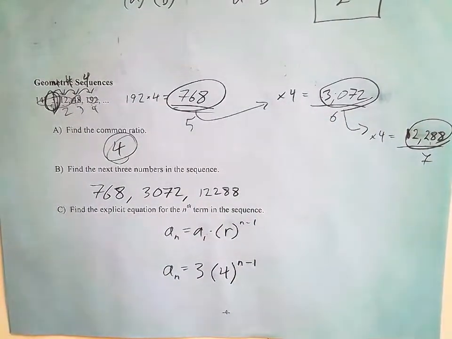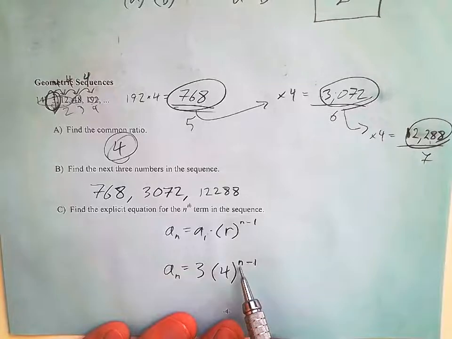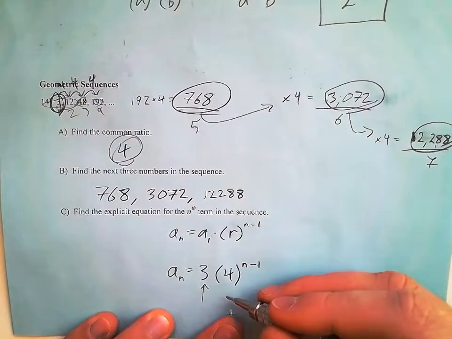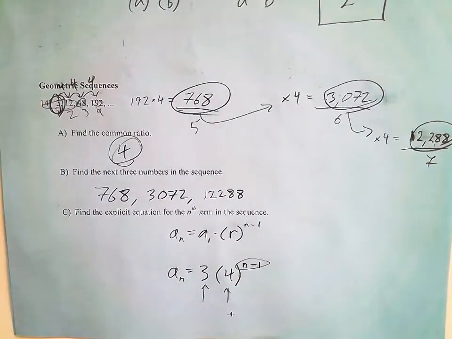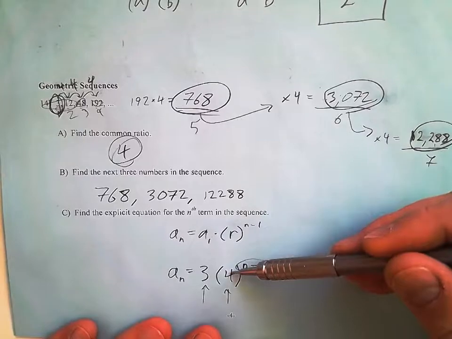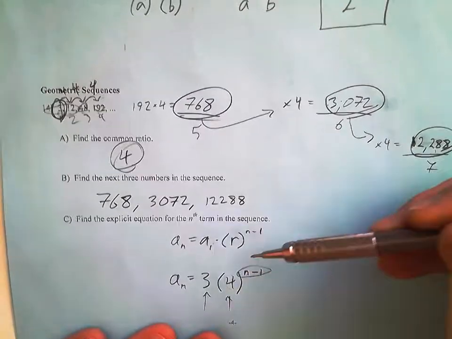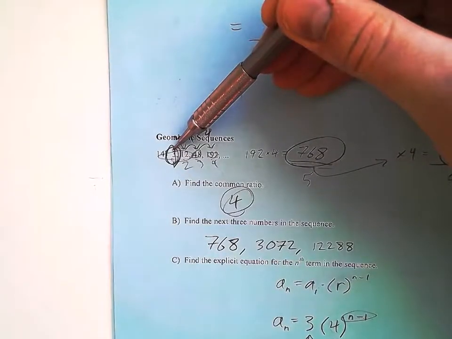The only confusing part is you have to write n minus 1, not just n. So starting number, ratio, and it's n minus 1, not n. Because the first time you're not multiplying by 4 to get the first number.